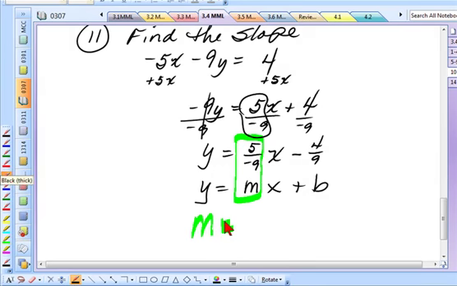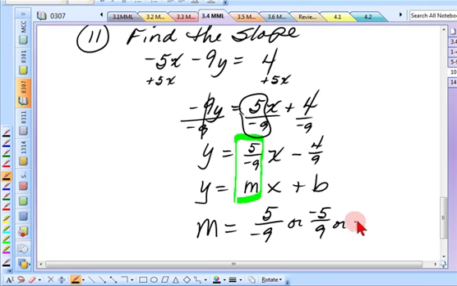Stop that. M is equal to, and it has to have a negative sign somewhere. So it could be like that, or it could be like that, because that is equivalent. It could even be negative out in front, 5/9. I actually prefer one of these because I like the sign attached to either the rise or the run, not just sitting out in front where you don't know what to do with it.